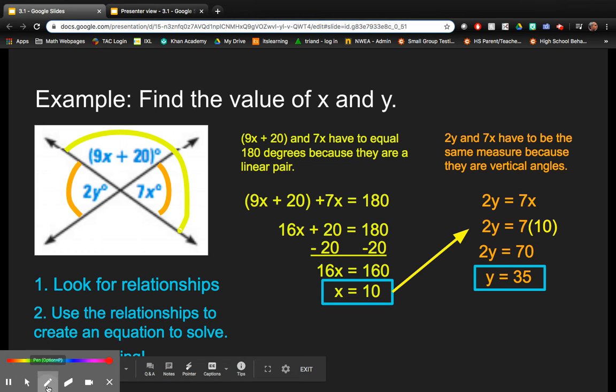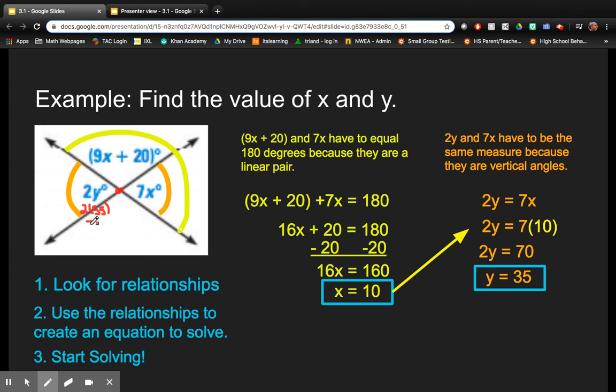If I wanted to check my work at this point, I absolutely could. I know that these have to be the same measure, so this would be a really easy way to check. If I replace 35 here, I would say 2 times 35 is equal to 70 degrees.